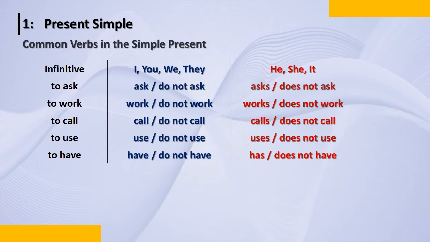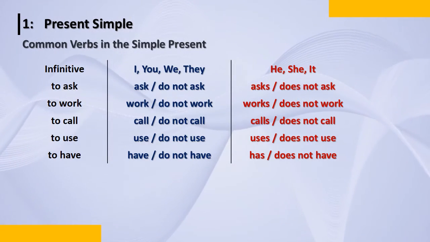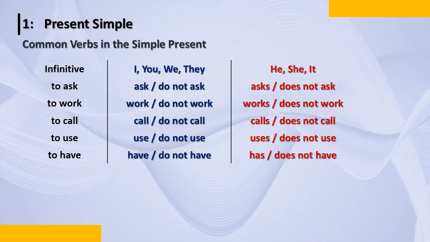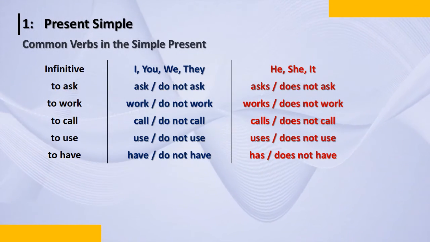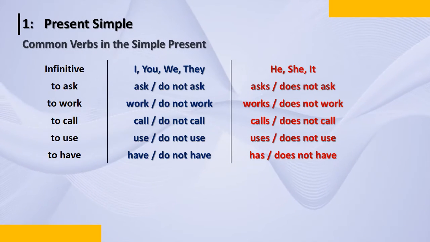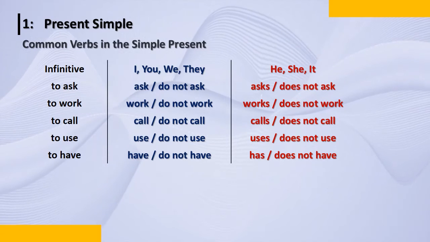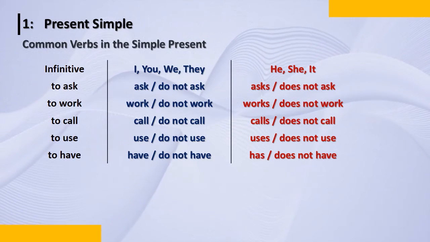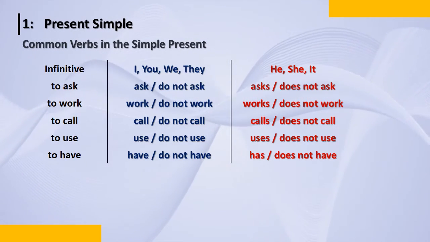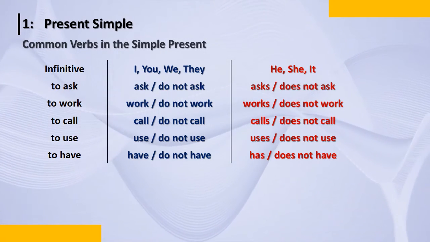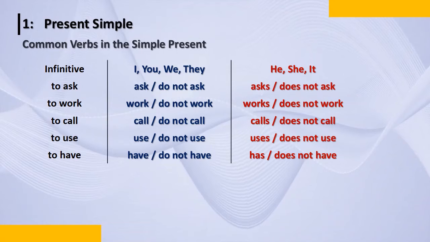To ask. Ask, do not ask. Work, do not work. When it is a third person, s is added. When I say I will ask a question, you ask me a question. Do not ask me anything. I work in a factory.